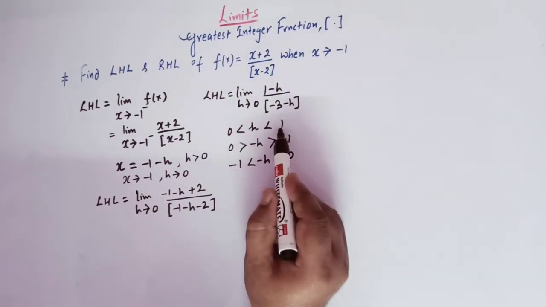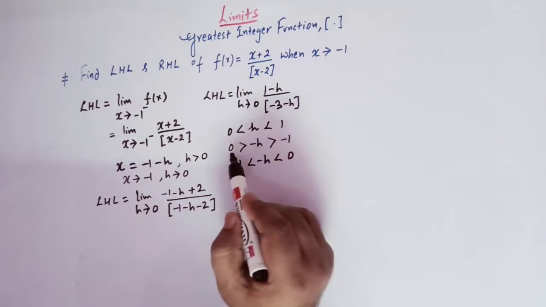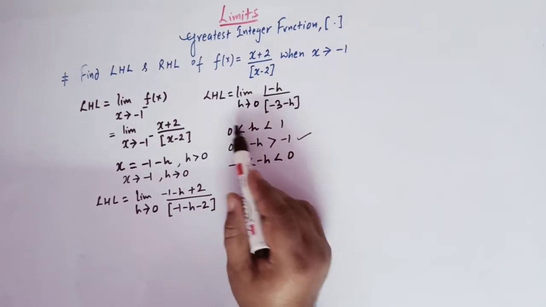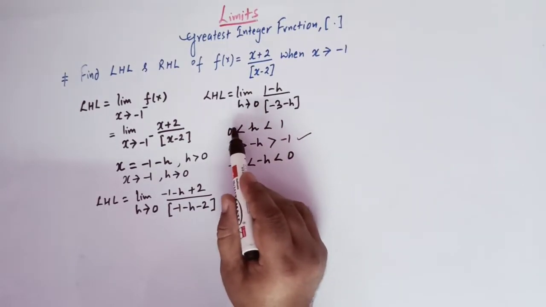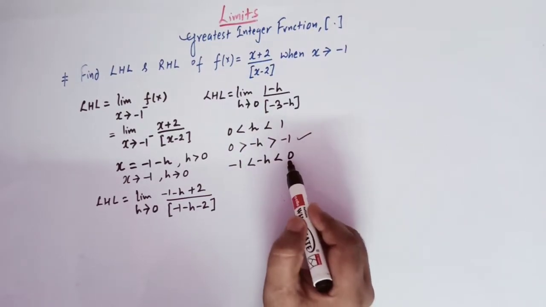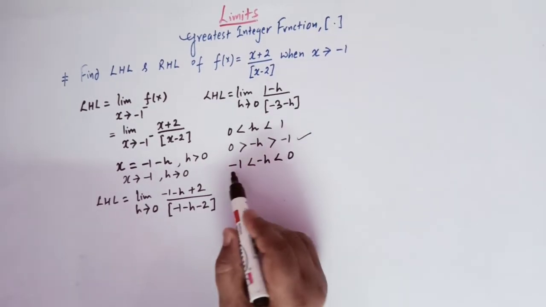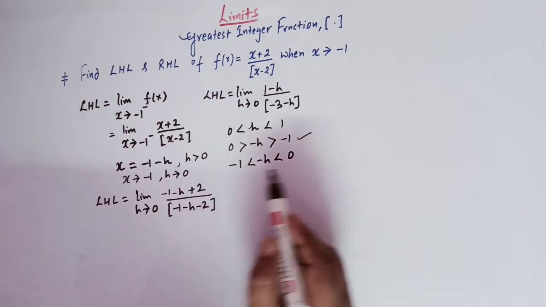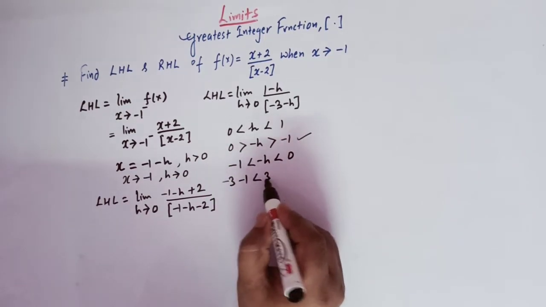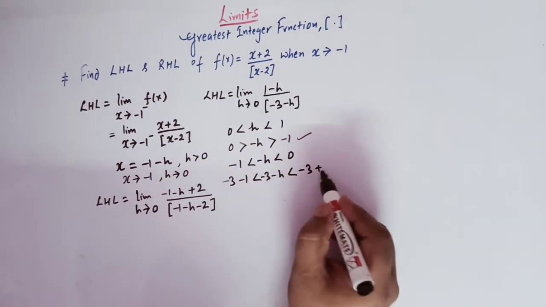What we have done here: h lies between 0 and 1, multiplying throughout by minus 1, we have this inequality, and the direction of the inequalities gets reversed. Now if we add minus 3 throughout, we'll have minus 3 minus 1, minus 3 minus h, and minus 3 plus 0.